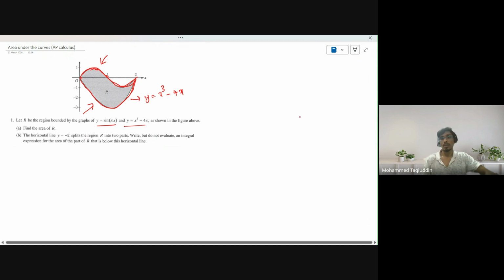So how are we going to solve this question? We have to find the area between these. This concept is quite simple.